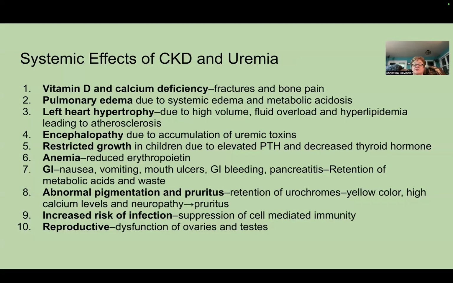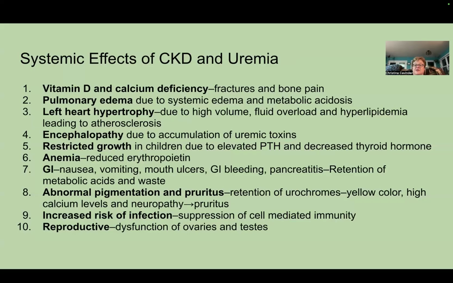Encephalopathy, and that's due to accumulation of the uremic toxins in the brain. If this happens in children, it can cause growth restriction because you have elevated parathyroid hormone and decreased thyroid hormone. Anemia because you don't make the erythropoietin.